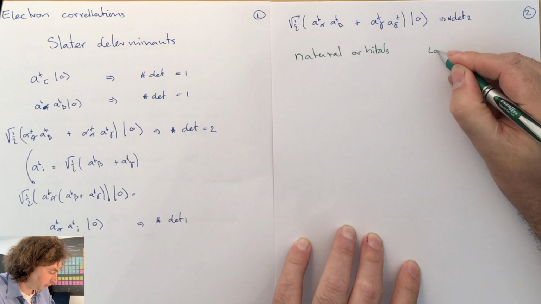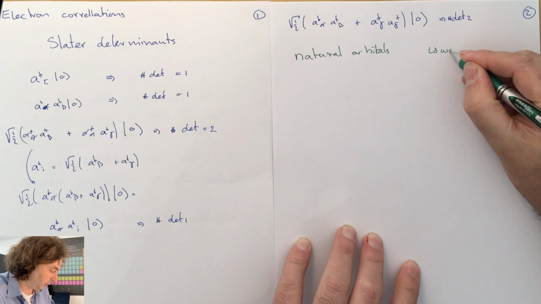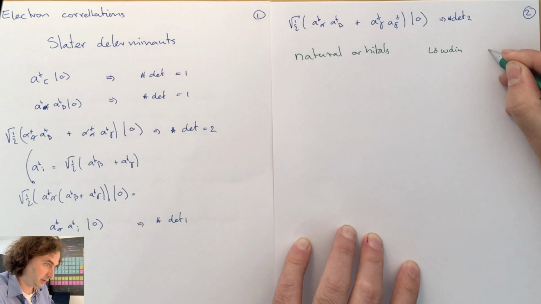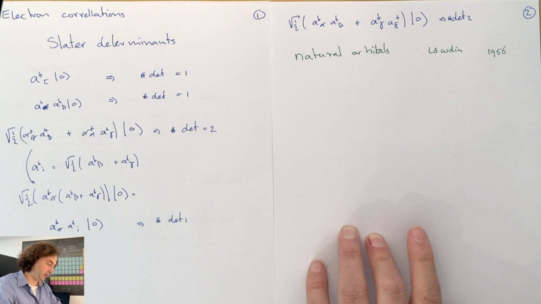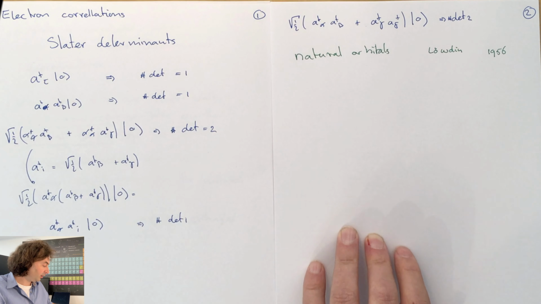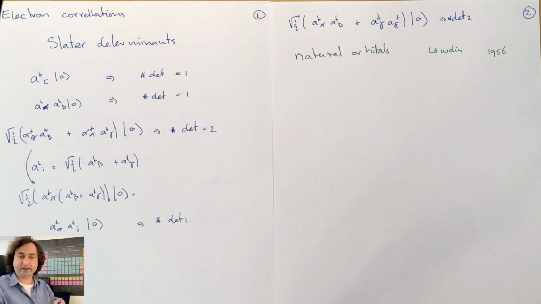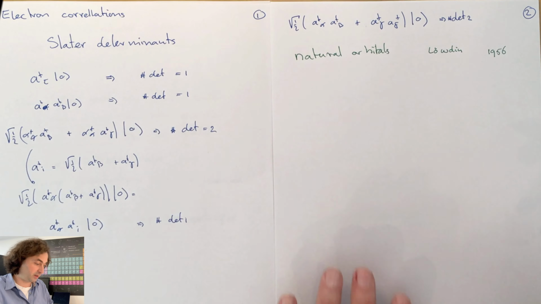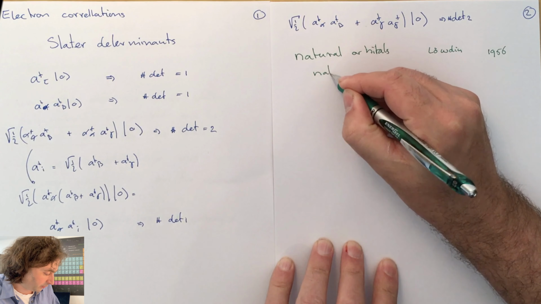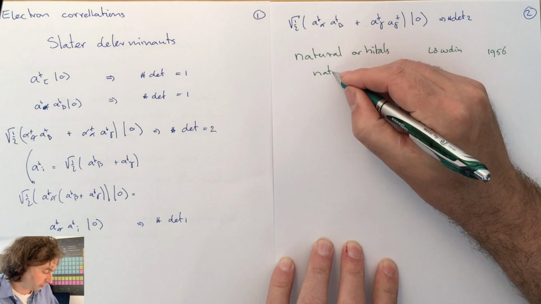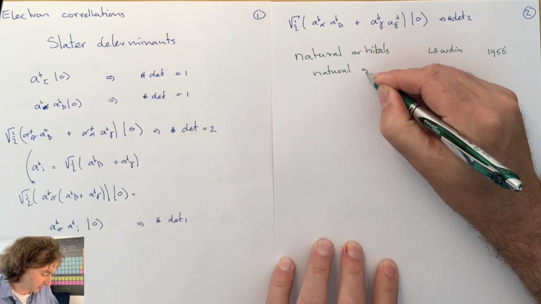This is a concept introduced by Löwdin in the 60s, 1956, a bit earlier. When you talk about an atom, you talk about orbitals. When we talk about solids, we have Bloch states. So instead of talking about natural orbitals, I will talk about natural states.